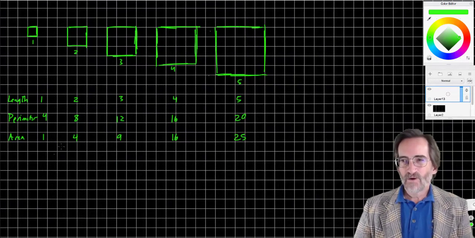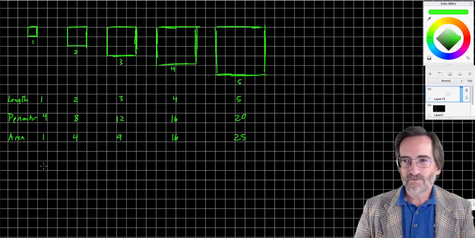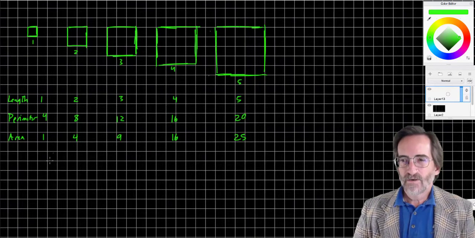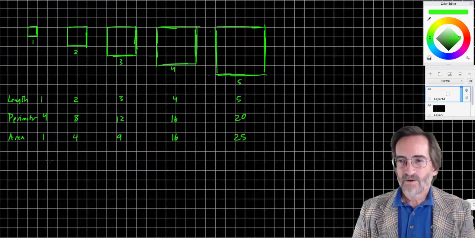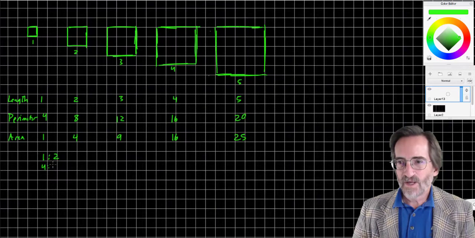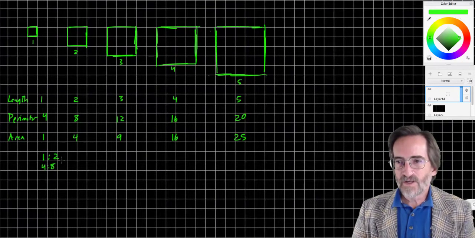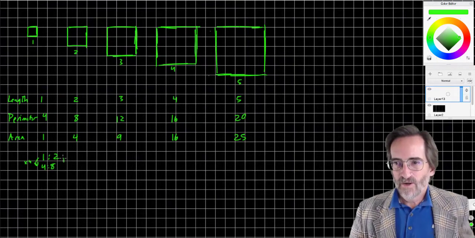Okay, now I want you to notice what happens to each of these. 1 to 2 becomes 4 to 8. You notice we can get these numbers by multiplying by 4, right?